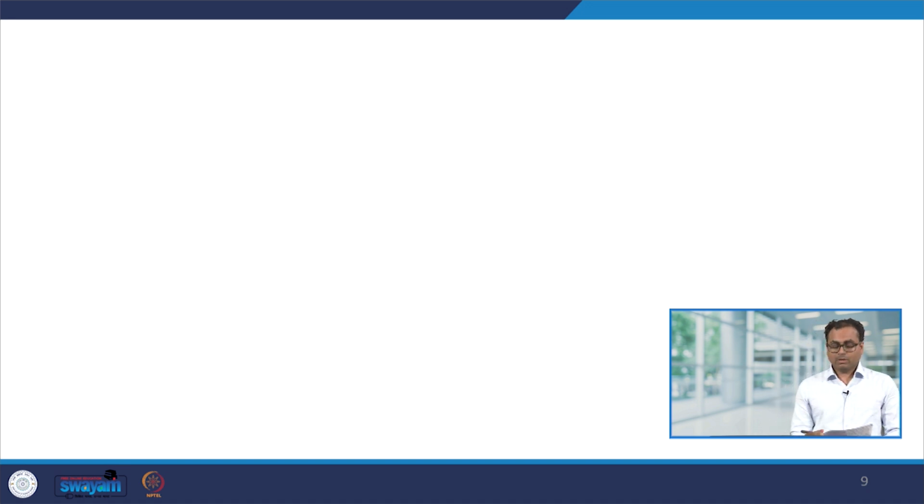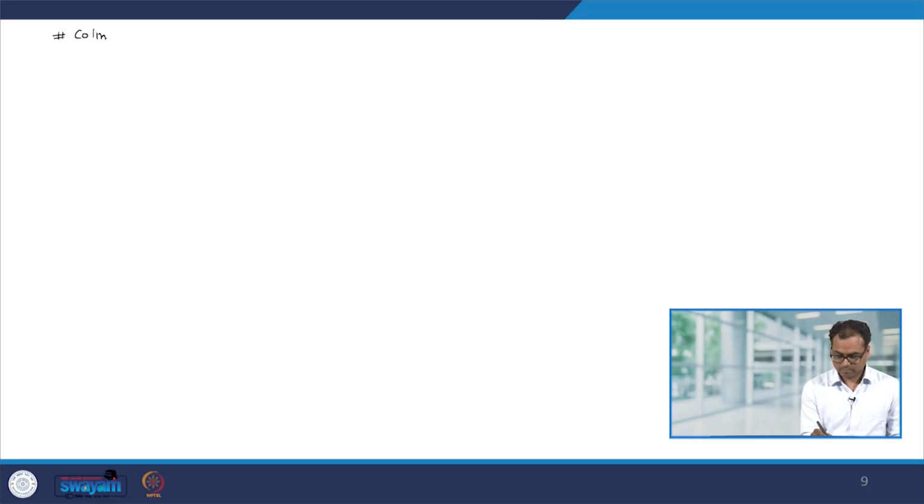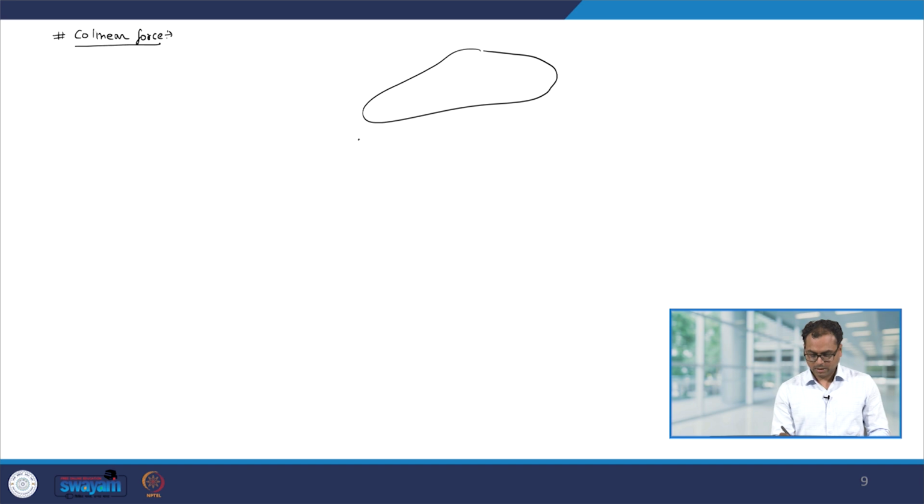Okay. We can also have a situation wherein the forces are collinear. So, in this case, let us say we have a rigid body. In this case, all the forces will act in the same line. So, here all the forces have a common action line.